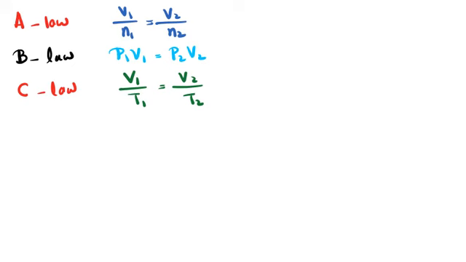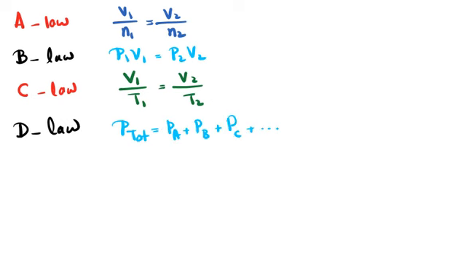Then I talk about Dalton's law, and for Dalton's law we have total pressure is the same as the summation of the pressures of the components. Then we talk about Gay-Lussac's law, the relationship between pressure and temperature: P1 over T1 equals P2 over T2.